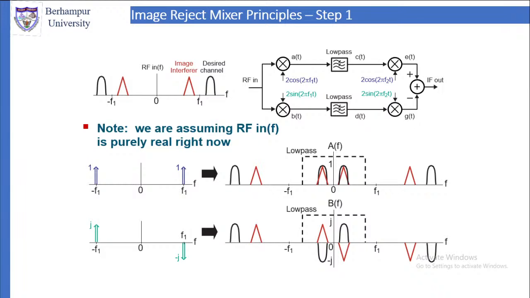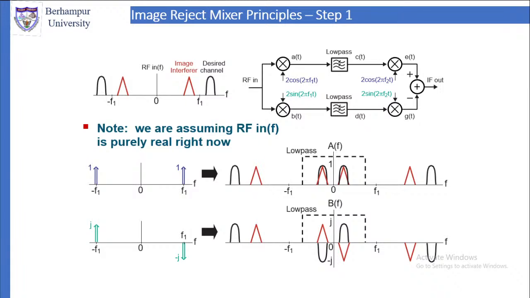So what has happened here? At A, we are multiplying with cos. So if you are multiplying with cos, there will be a signal present at plus minus f1. So you can see the blue spectrum is at plus minus f1. When we multiply that with the RF signal, what you will get is shown on the right hand side of the middle row.